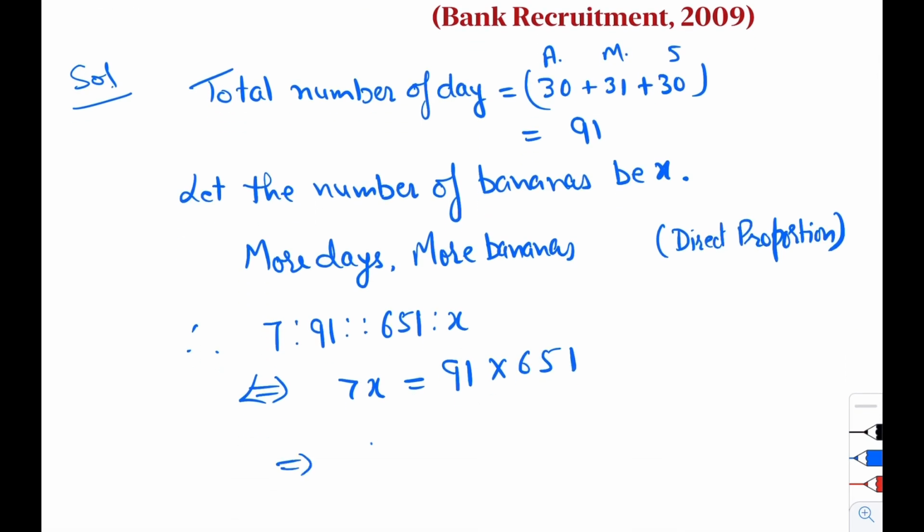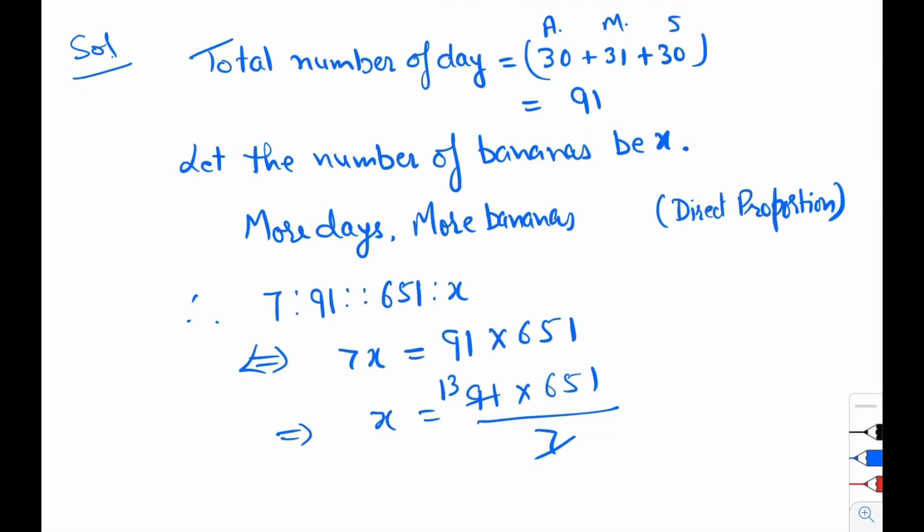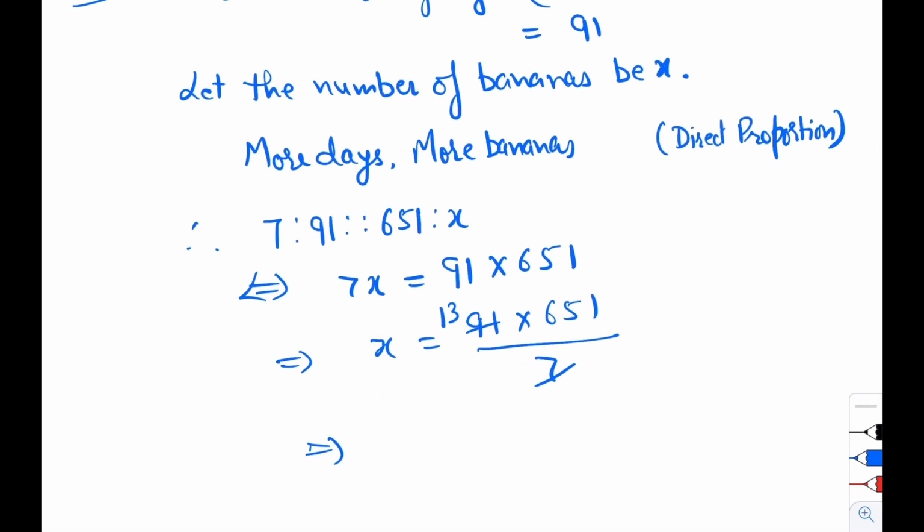This implies x equal to 91 into 651 upon 7. 7 will cancel, 7 1 and 13 times. So this implies x equal to 13 into 651.